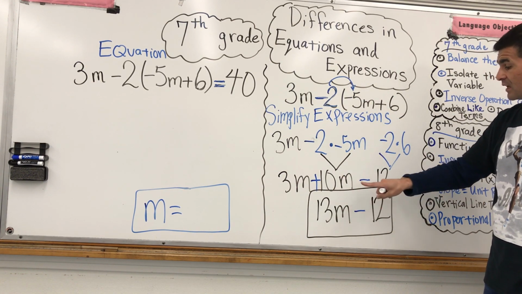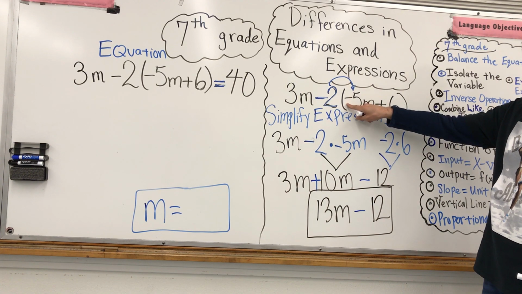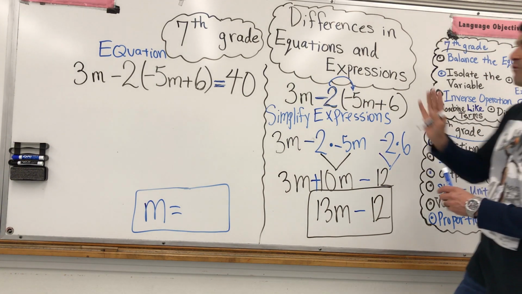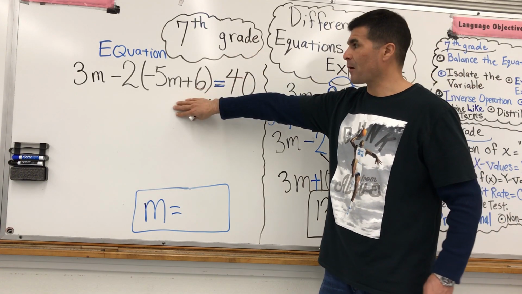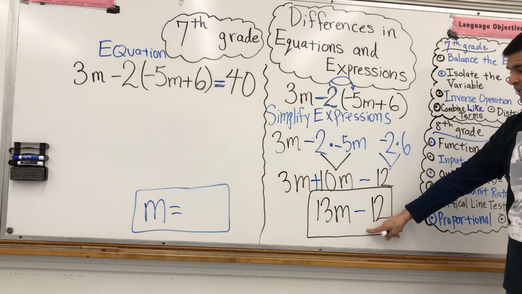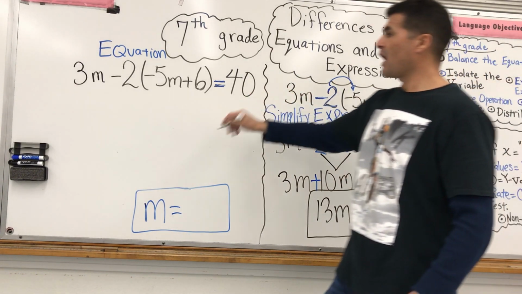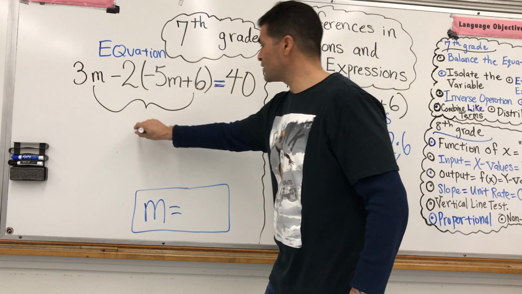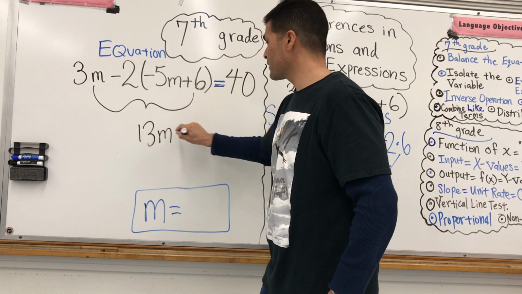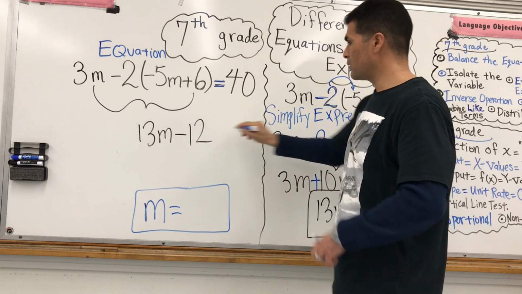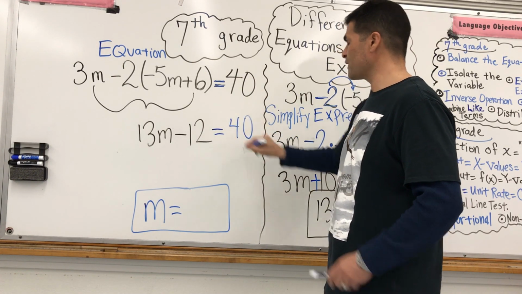But this one, even though it's the same as this expression, is shorter and simpler. Now, if I use the distributive property and combine like terms, I'm going to get 13m minus 12. So I would get all of this, and it would turn into 13m minus 12. But this is going to be equal to 40.